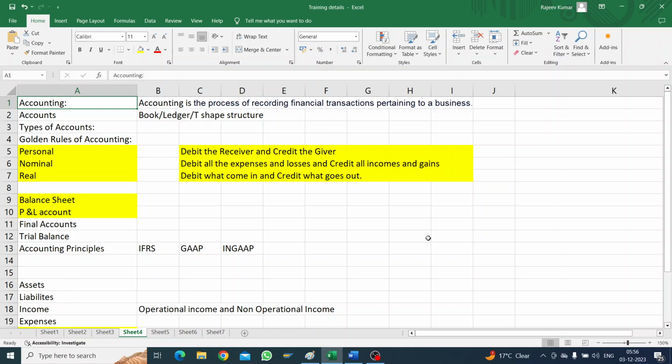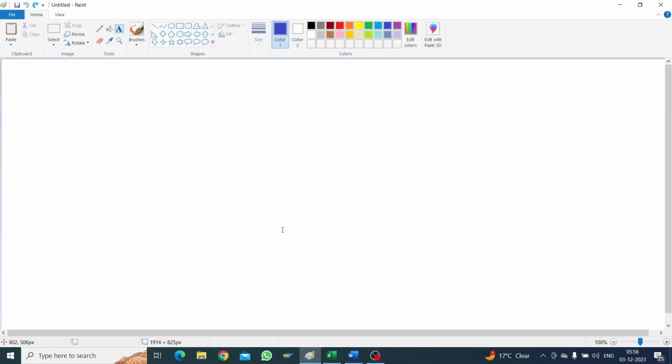If somebody asks you to define the account in the most simple form, let me show you what an account looks like. It will be like a T-shaped structure, as you can see here.